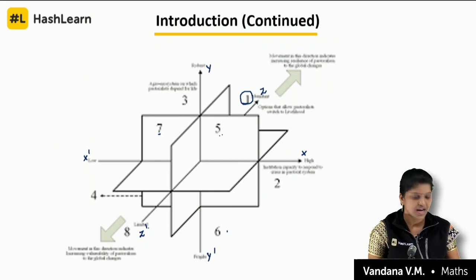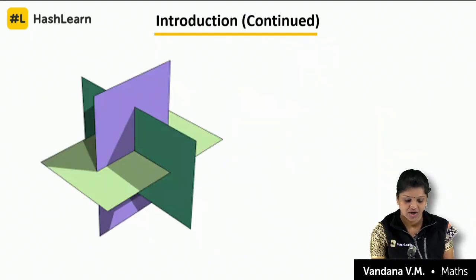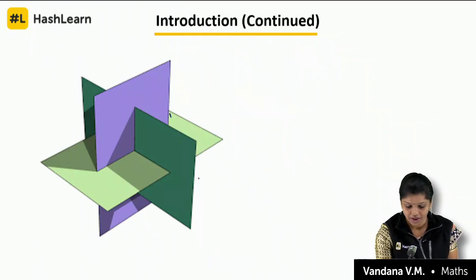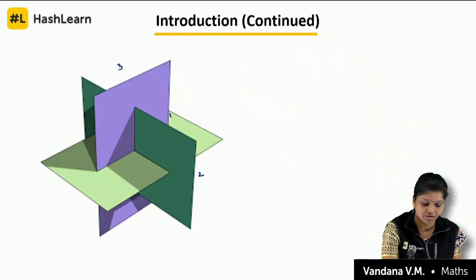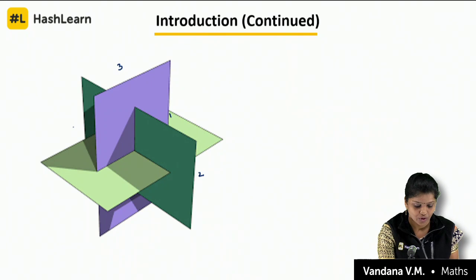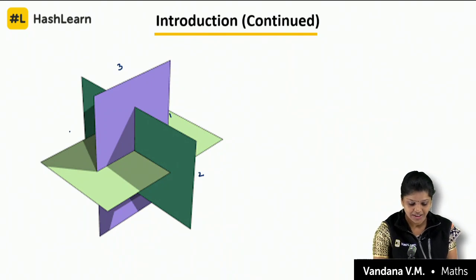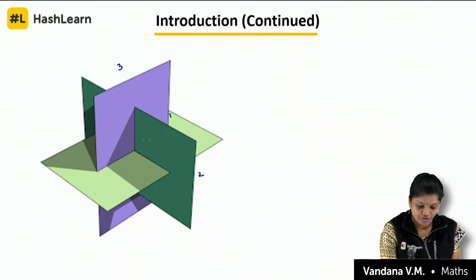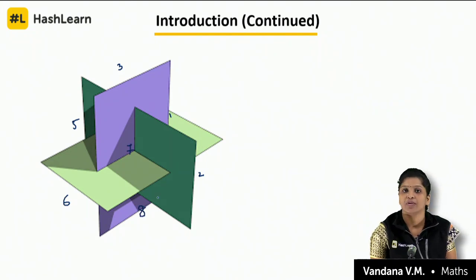If you see this diagram, you can clearly understand. This is 1, down to it will be 2. This side 3, down to it will be 4. Like that, 5 and 6, 7 and 8 down. So this system will divide space into 8 octants.